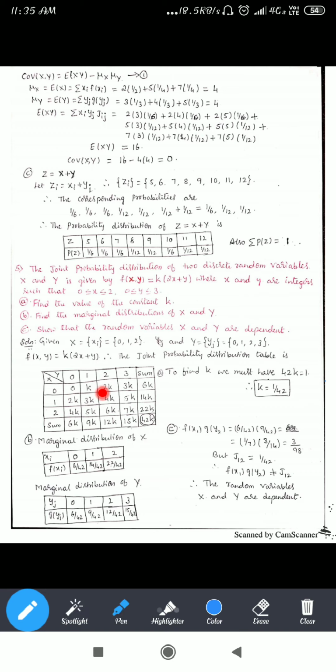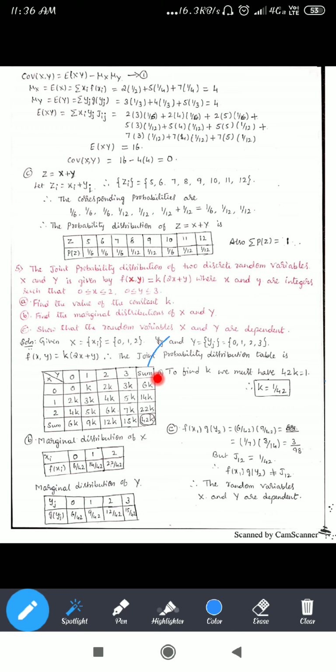Now main thing is how you got this 6k, 14k, 22k. Just sum it. See, here itself we mentioned sum. So if you add this part, it means 0 plus k plus 2k plus 3k is 6k. Next, same thing, 2k plus 3k plus 4k plus 5k means 14k. Same thing, if you add this row, you'll get 22k.